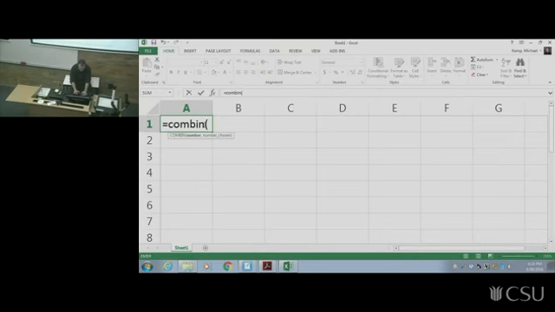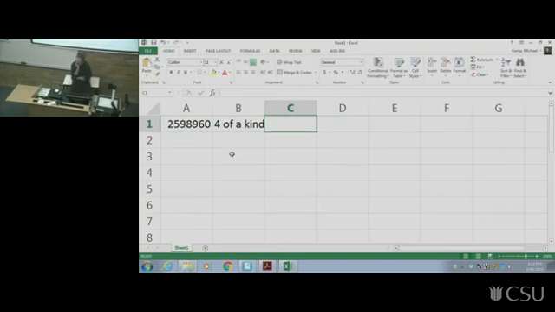I do want 52 choose 5. That's the number of ways of picking 5 cards from 52. Okay, so we want to do various options. So we want 4 of a kind. That's the first one we want to do. How many different ways are there of getting 4 of a kind?